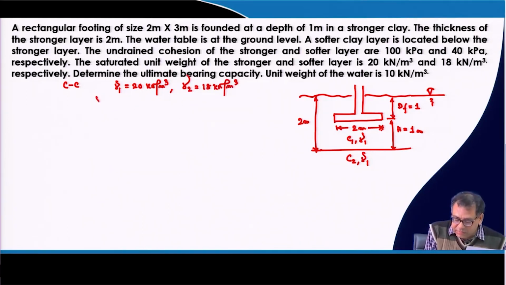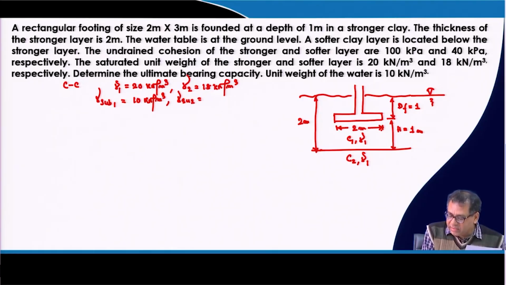So both are different. So the submerged unit weight for layer 1, gamma sub 1, will be 10 kilonewton per meter cube, and for layer 2 the submerged unit weight, gamma sub 2, will be 18 minus 10, 8 kilonewton per meter cube.